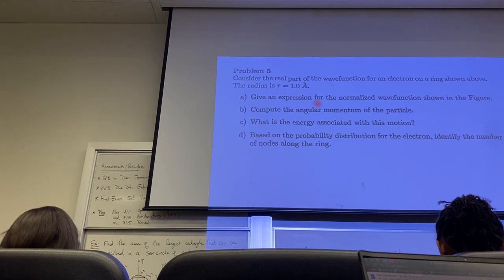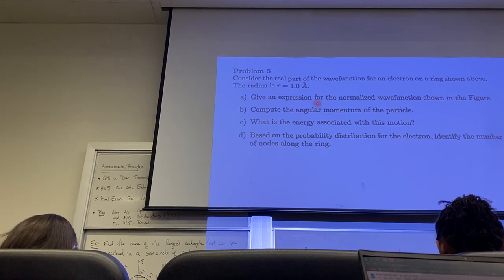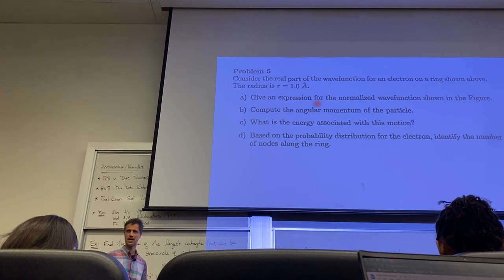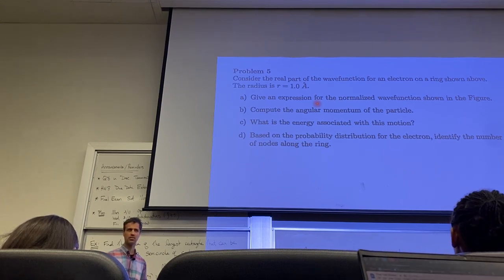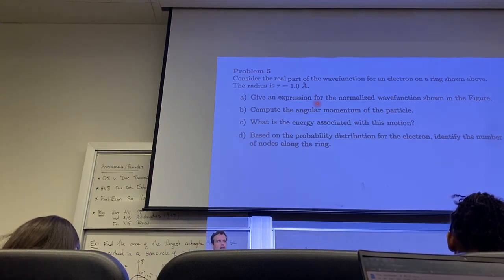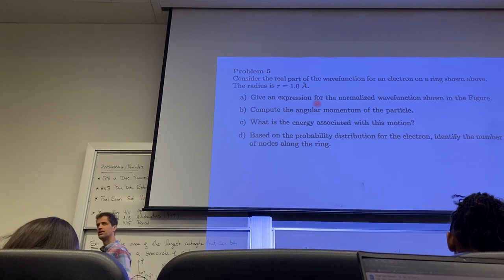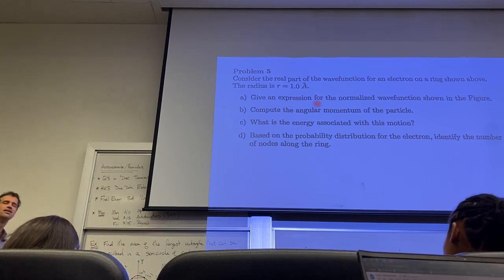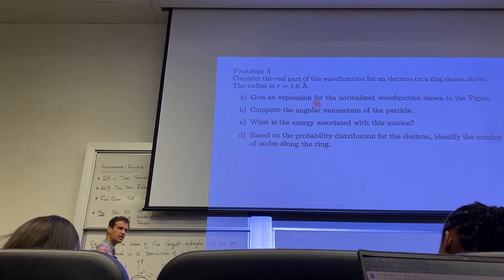But since this is a particle on a ring, this is pretty much the same, because it's not really a three-dimensional problem. Your angular momentum here is the projection on the z-axis. It's the only angular momentum that there is. That's why it holds here. But in general, yeah, you're right. If this would be a particle on a sphere, then we would have to be more precise about what we mean.